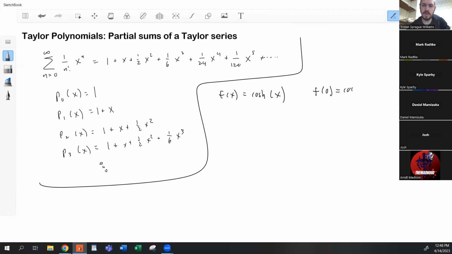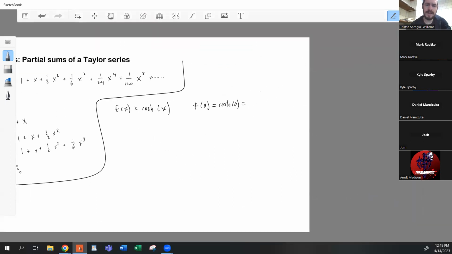So what's cosh of 0? I believe this is equal to 1, because it's like e to the 0 plus e to the negative 0 over 2. This is just 1 plus 1 over 2, which is 1. Derivative of cosh. You guys remember?